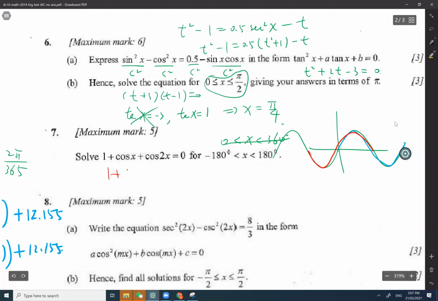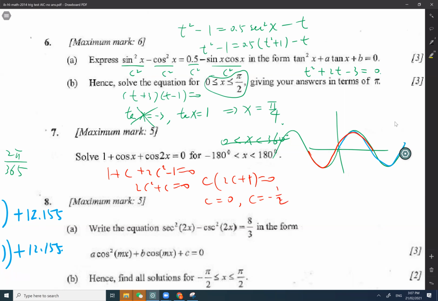So 1 plus c plus 2c squared minus 1 equals 0. 2c squared plus c equals 0. c bracket 2c plus 1 equals 0. c equals 0, c equals negative half. They are talking about cos.